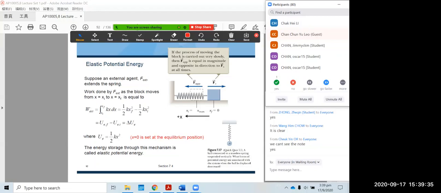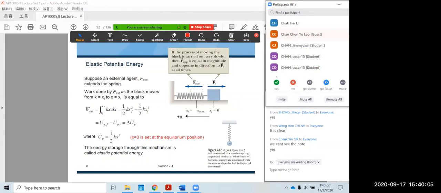It is the energy stored inside an elastic object, such as a spring. When you are extending a spring, you need to apply a force, and in a certain sense, energy has to be supplied in order to change its shape. So that is what we will talk about. And finally, we will conclude with the conservation of mechanical energy. That is the idea for today's lesson.